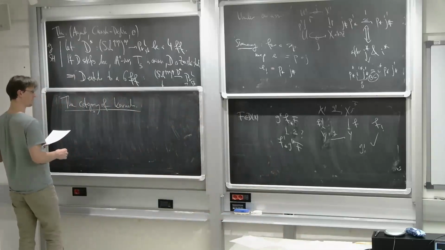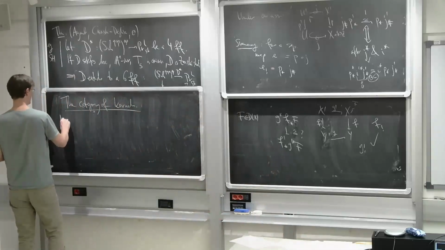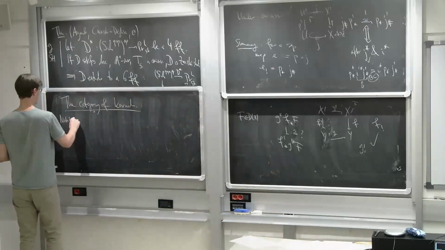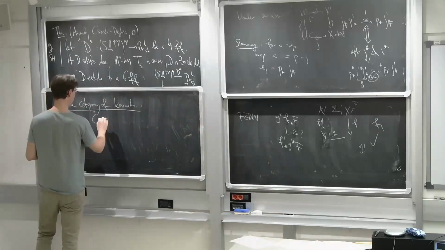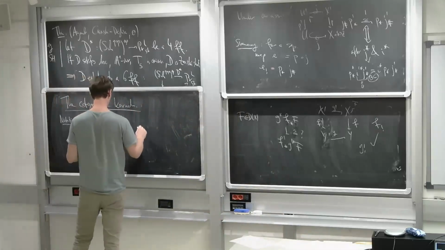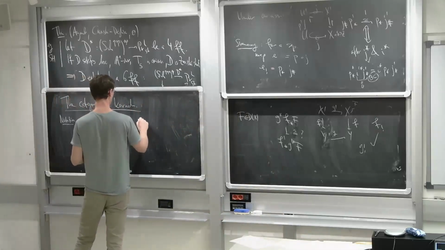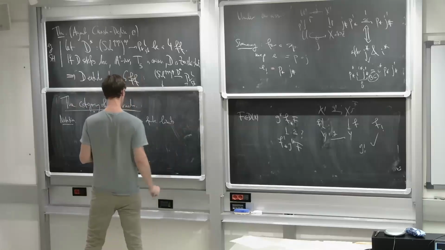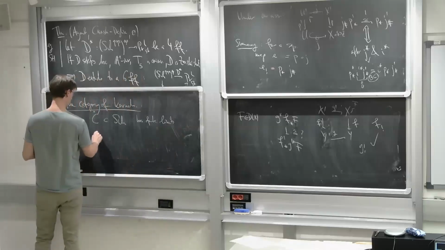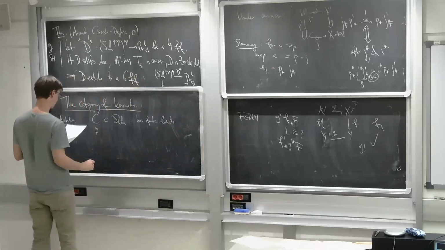So I need to fix some notation. I want to fix some category of schemes here, that is supposed to have finite limits, and so including the final object.